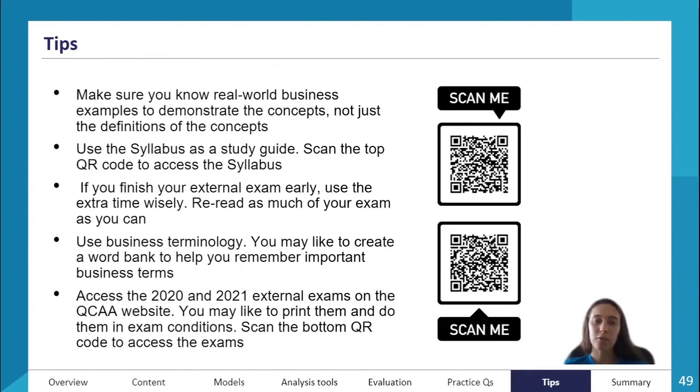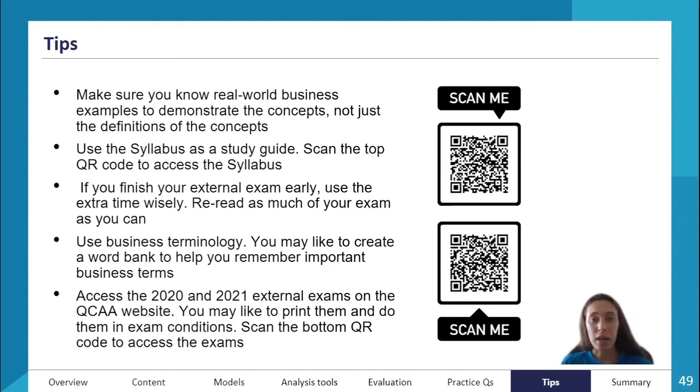So some tips to finish off. Make sure you know those real world examples to demonstrate the concepts and not just the definitions. You, of course, need to know how to describe and explain things, but ultimately using those real world examples is part of explaining. Explaining is going into more depth than describing, and using examples is a great way of achieving that.